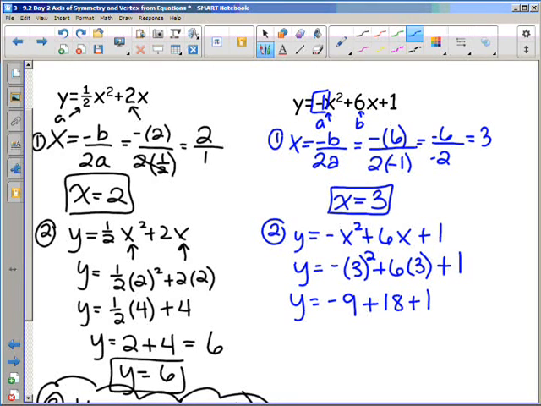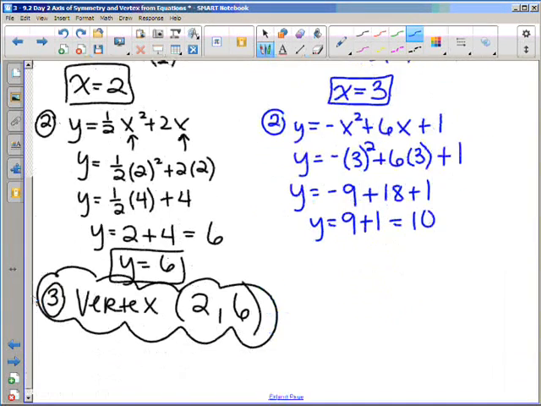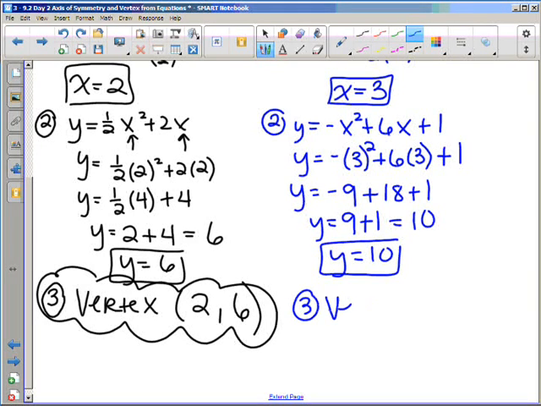Right? Negative 9 plus 18 leaves me with positive 9 plus 1. My y value in this case is 10. There's step 2. I have an x and a y, so what am I going to do with that? I'm going to put it all together to find my vertex. And I get x of 3, y 10.